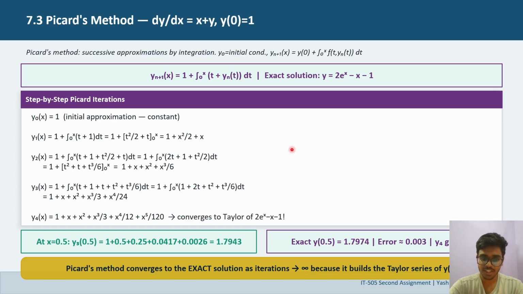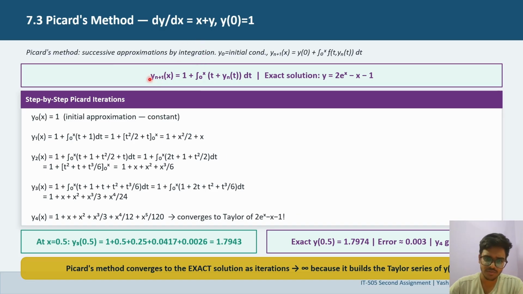Picard's method. This method works using repeated integration. We start with an initial approximation, then substitute it back into the equation repeatedly to get better approximations. The formula is pronounced as y(n+1) of x equals 1 plus integral from 0 to x of (t plus yn of t) dt.